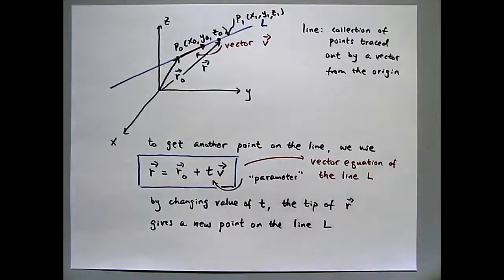Okay, so that's the vector form. It's not always the most convenient form to work with. So let's change things a little bit. We'll still be using the same equation, but let's break it down into components.